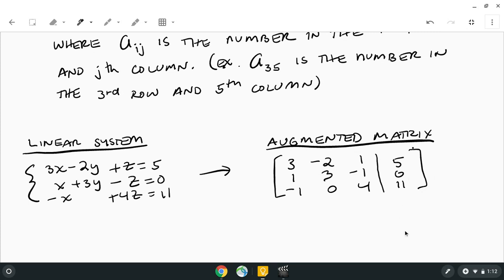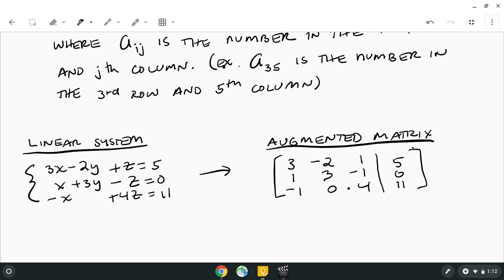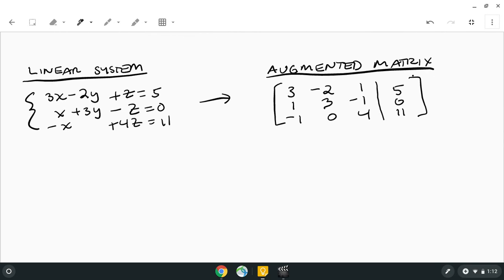So this here would be your augmented matrix, and we would try to do our row echelon, our Gaussian elimination, to eliminate the 1, the -1, and the 0, to get that triangular form. When we use Gaussian elimination on the system, we call it triangular form. But here we call it row echelon form.